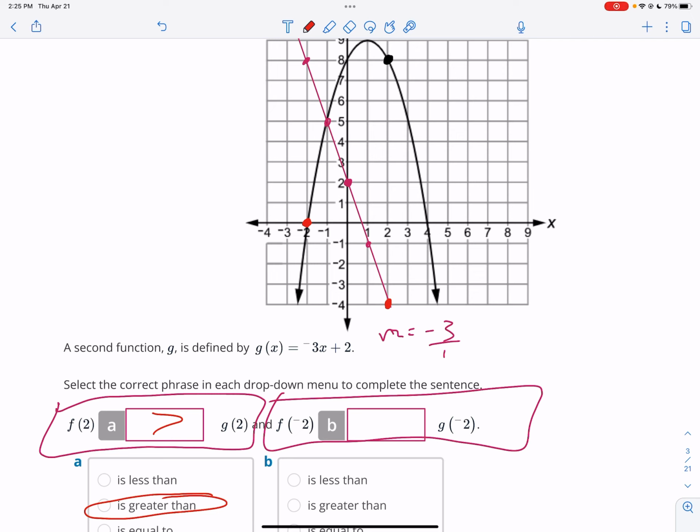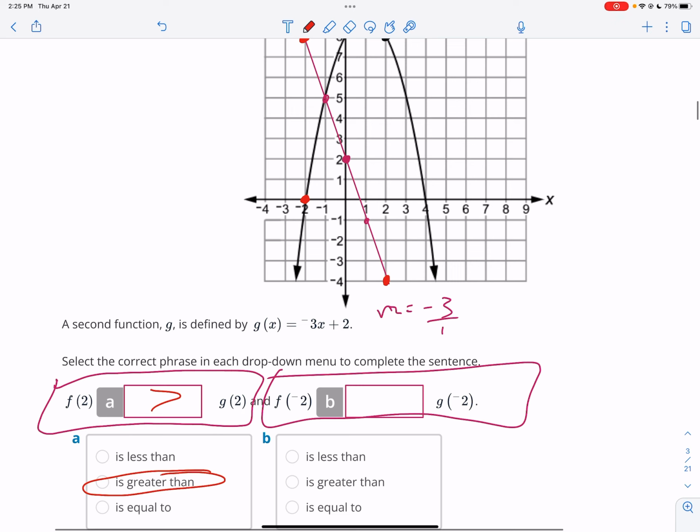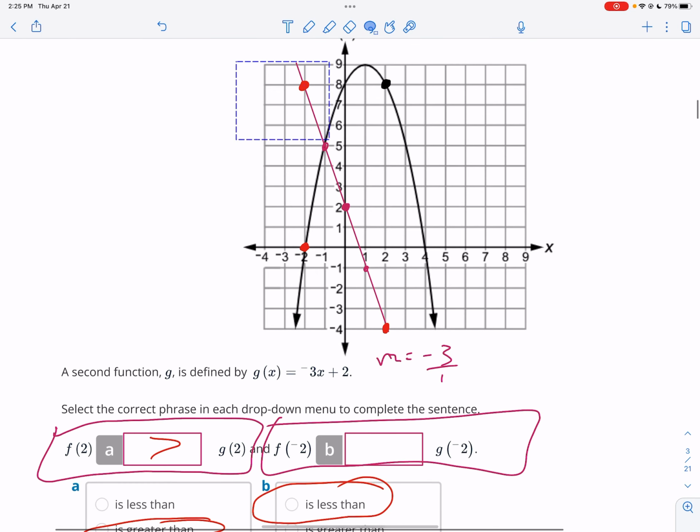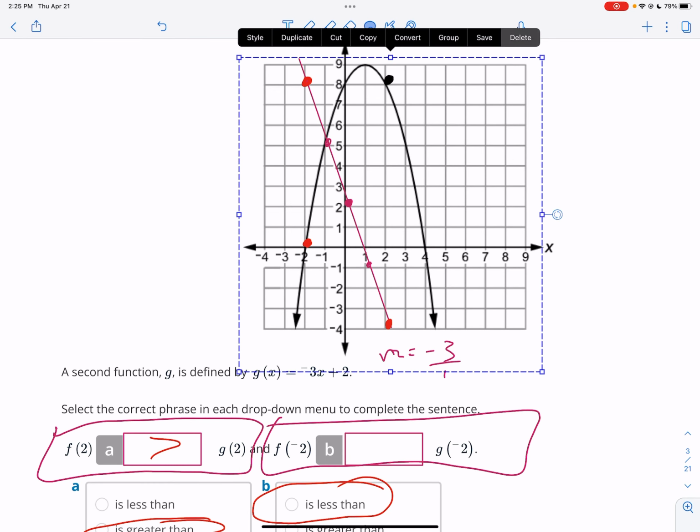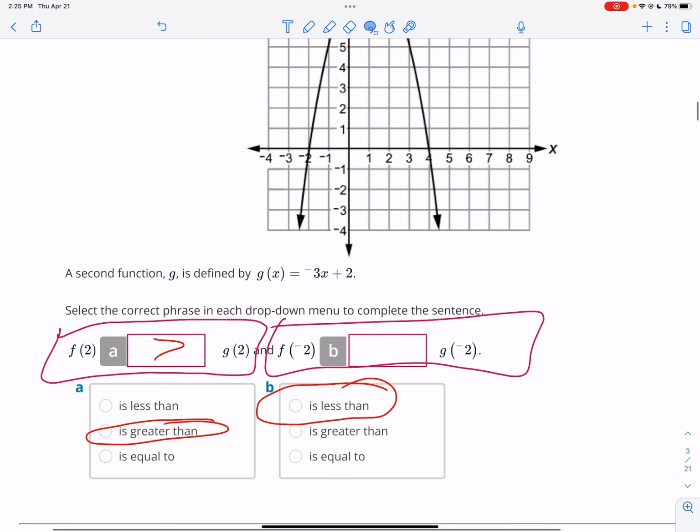Now g of negative 2, that's my red function. That's all the way up here. So it looks like f of negative 2 is less than g of negative 2. You could graph them and just look at them. Is that part of it above or is that part of it below? So that's one way to do it.